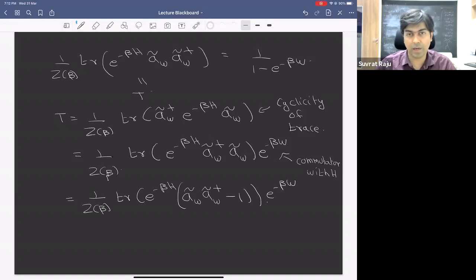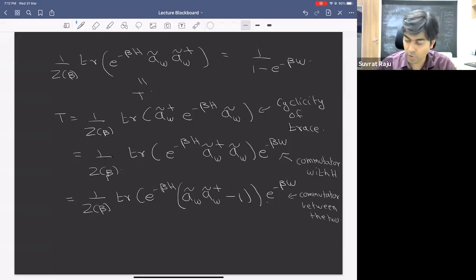So if I have the a omega tilde dagger up front, that gives you a larger number, and therefore, I should write this as a omega tilde into a omega tilde dagger minus 1. So this is the commutator with itself between the two. Okay.